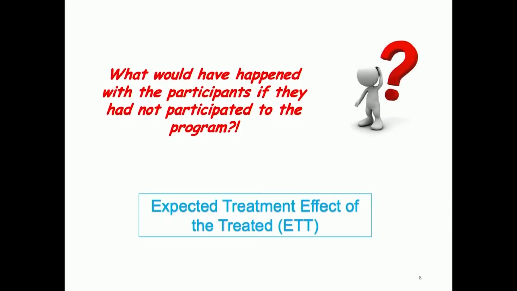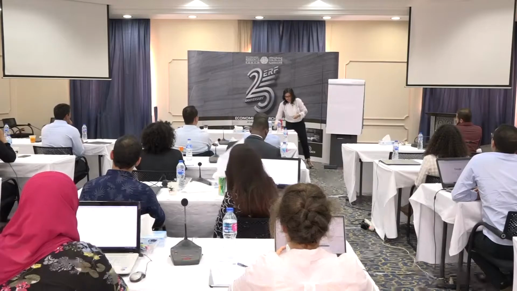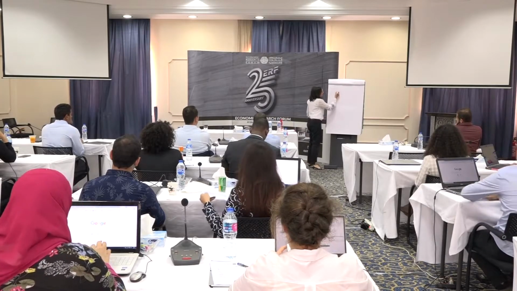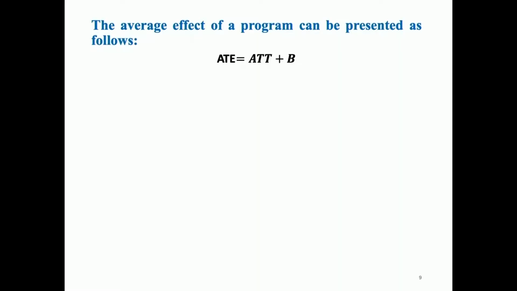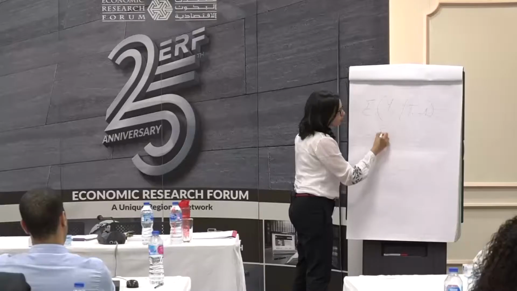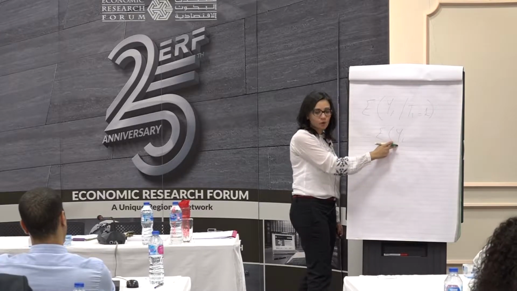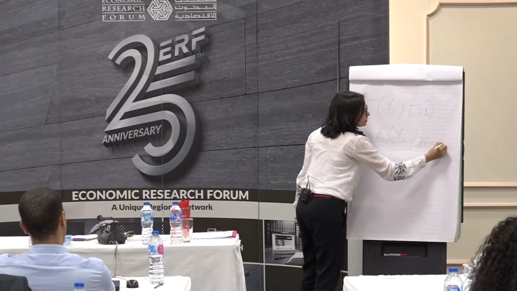So for this, we would like to estimate exactly what we call the expected treatment effect on the treated. The idea is that we want to compare the expected value of our outcome variable given that the person is treated, T_i or Z_i, or whatever indicates that he is treated, minus the expected value of the outcome of this individual if this person is not treated.